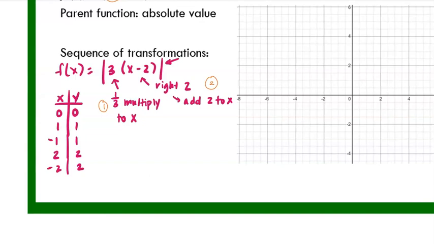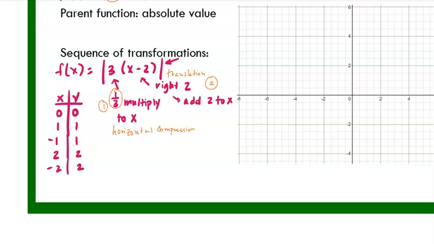Notice that this is horizontal. The description of this would be a horizontal compression. I'm looking at this scale factor to tell me that 1/3 is going to make those numbers smaller. And this would technically be a translation of right 2.